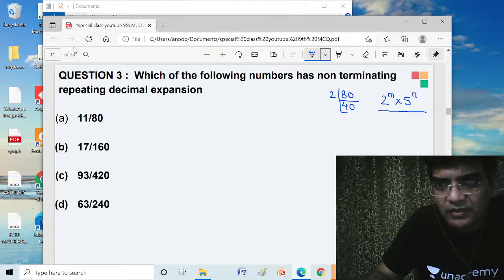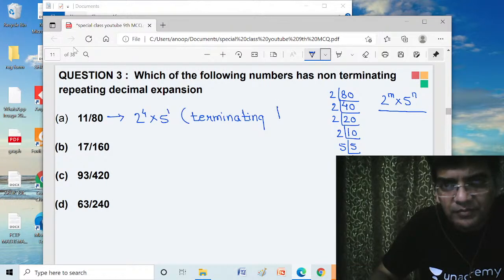So 80 can be written as 2 raised to power of 4 into 5 raised to power of 1. So see, the denominator can be written in this form. So that means this is going to be a terminating decimal.